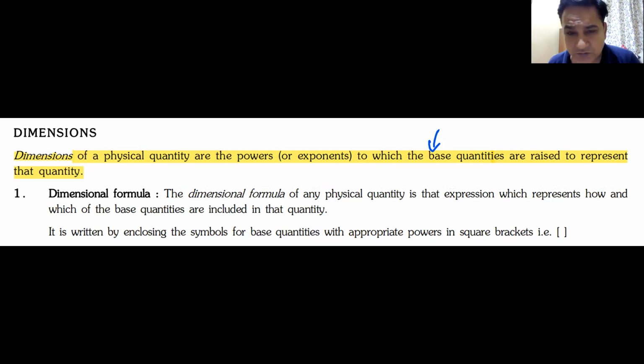Dimension of any physical quantity is the power to which base quantities are raised so that you get that physical quantity. That is known as the dimension of that physical quantity. I hope it is clear to everyone.